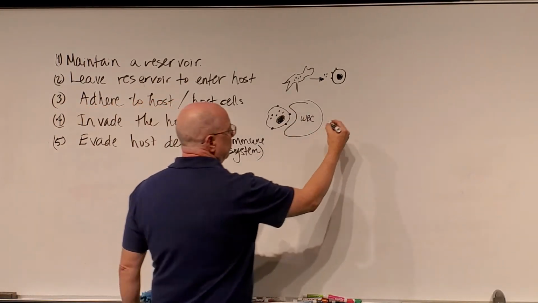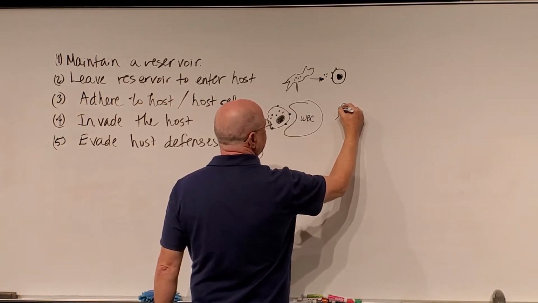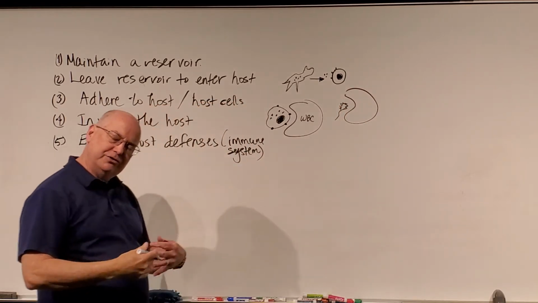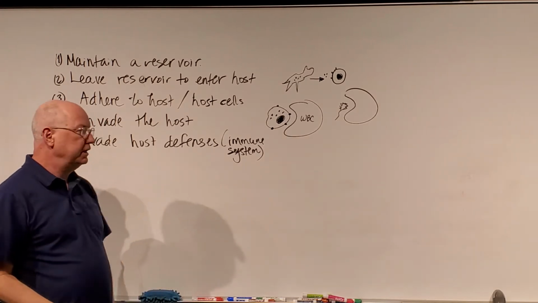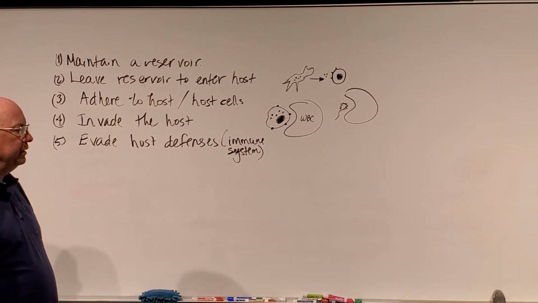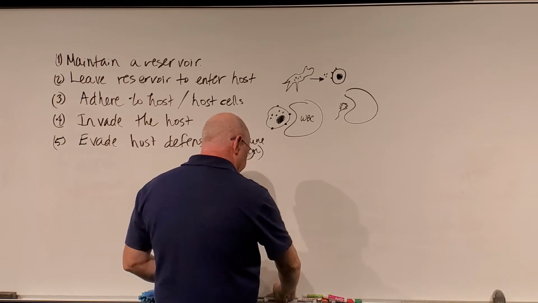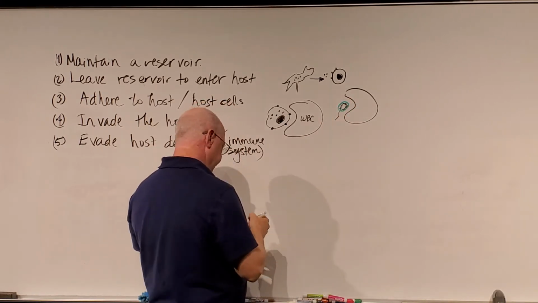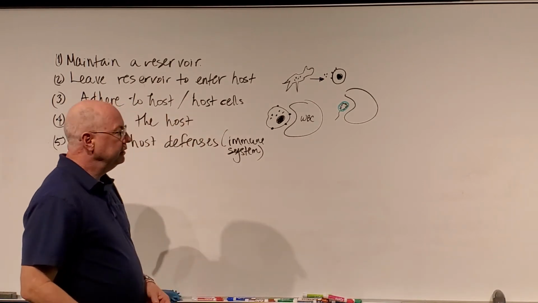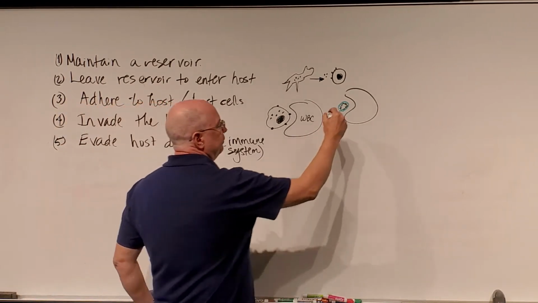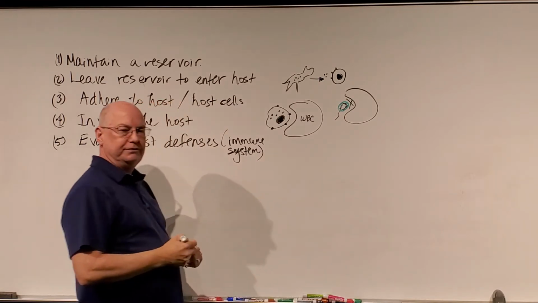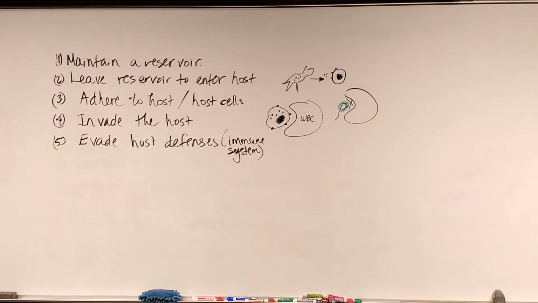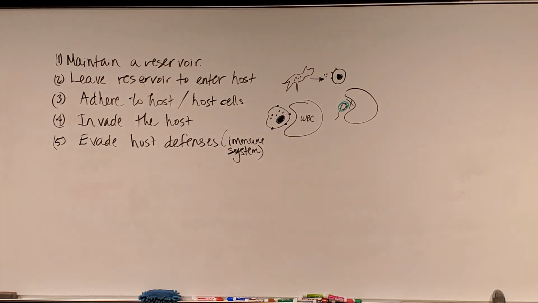Or we might have some bacterium that has entered the body, and our white blood cells can engulf it, phagocytose it, fuse that with the lysosome and digest it, and kill the pathogen. But what if a pathogen has something like a capsule around it, a slime layer that prevents it from being engulfed? So they have to have some way of evading the host defense system or the immune system so that they can cause an infection.